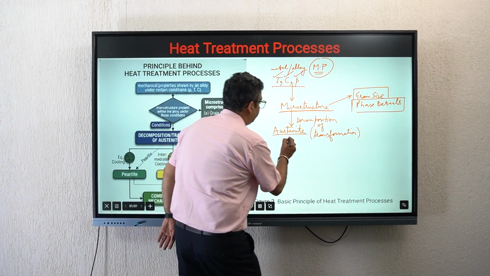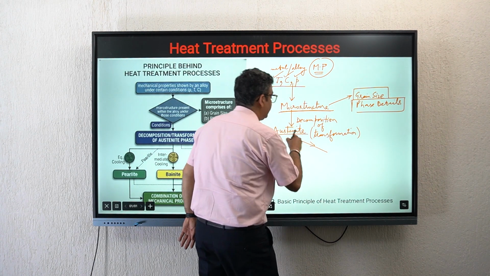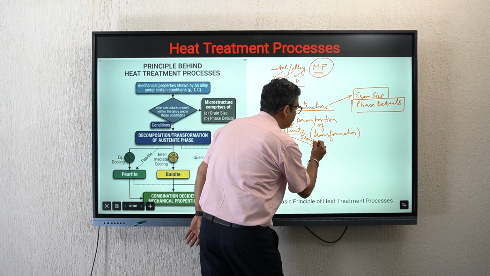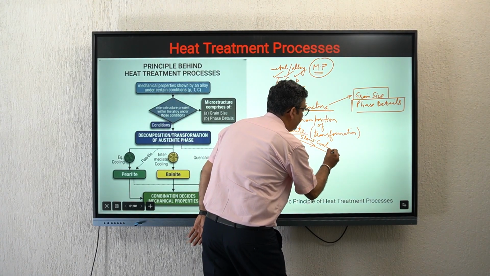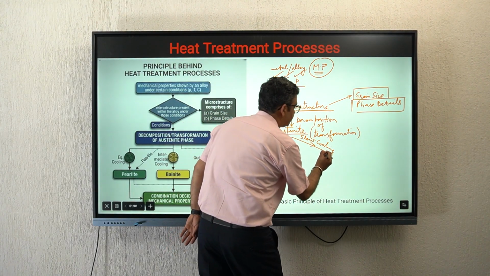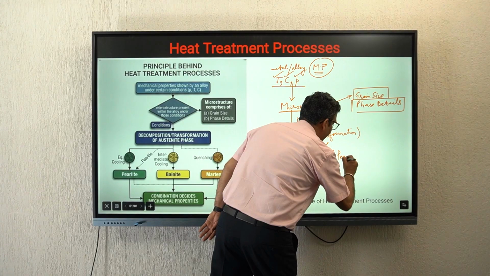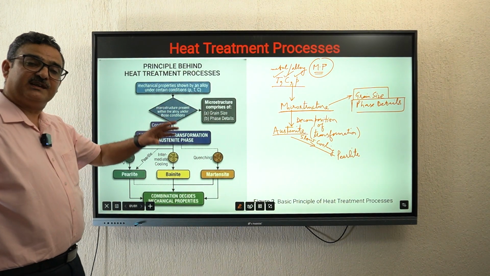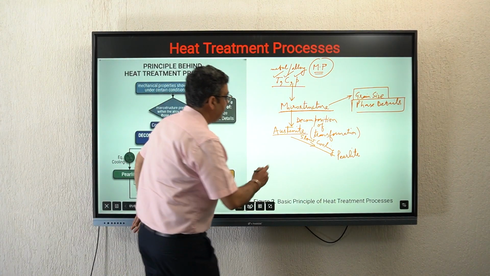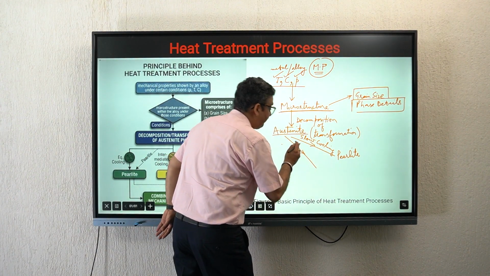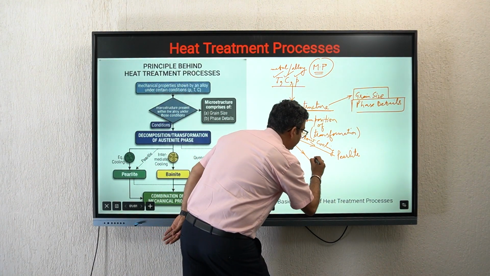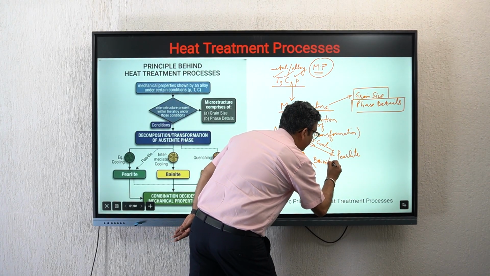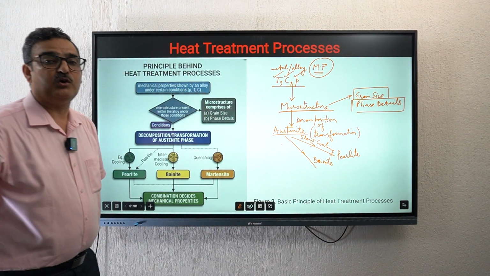For example, if you have an austenite containing steel at a high temperature and you do equilibrium cooling or slow cooling of that steel, austenite present in the steel will have only one option, and that is to change into pearlite phase mixture. But if in the same steel, same austenite, the steel was cooled at a faster rate, it might not change into pearlite, but it will change into another phase mixture which is called bainite.